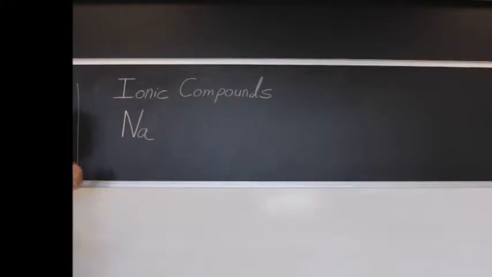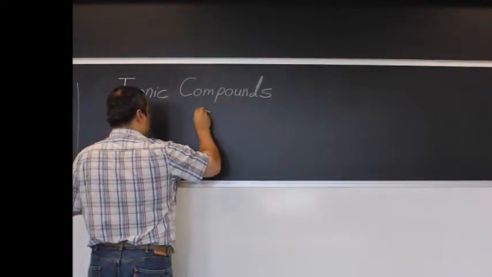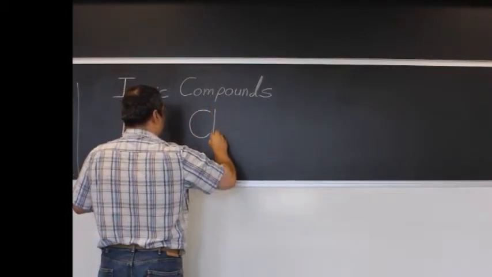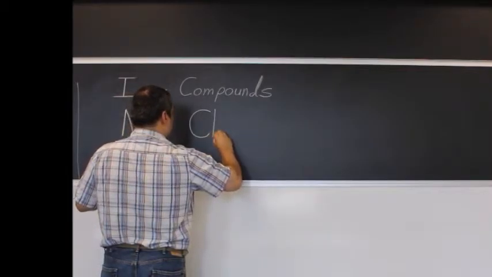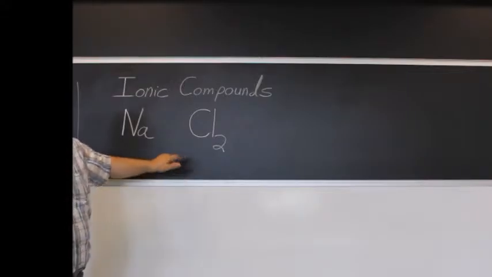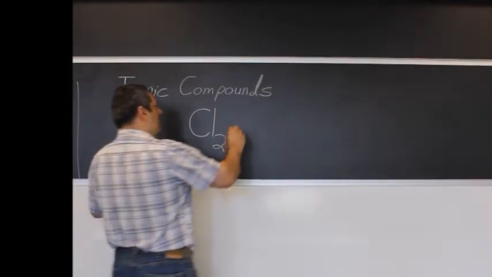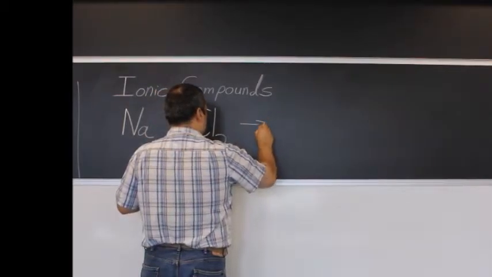If we bring it into contact with something like chlorine, I'm going to write chlorine right now as what's known as a diatomic species, and we'll justify that later on. A chemical reaction will occur.